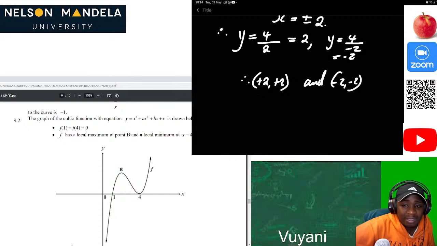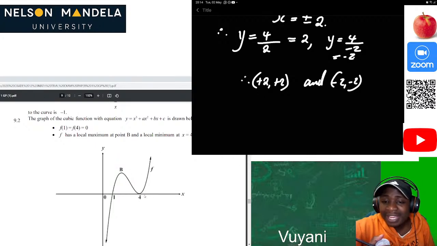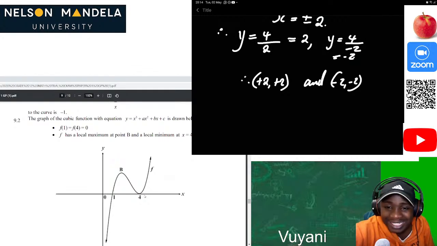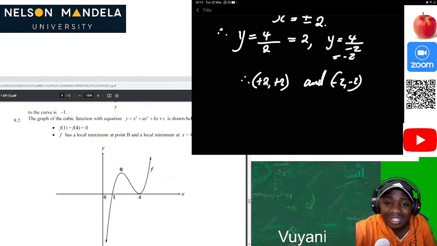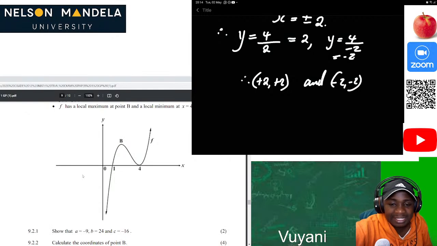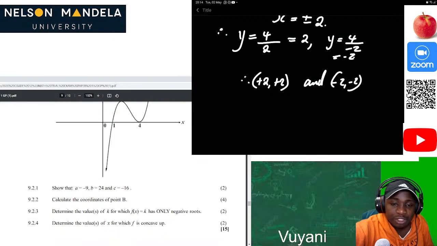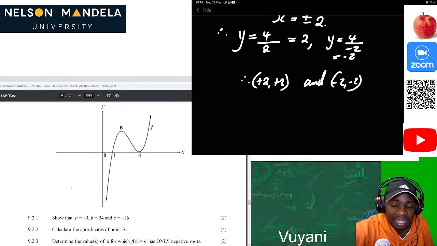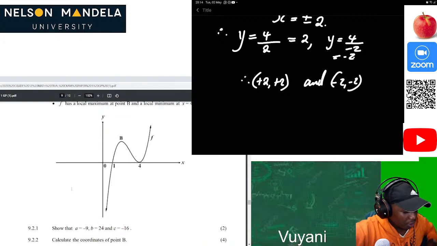F has a local maximum at point B and a local minimum at x equals 4. Those are what we call the stationary points of the graph. So that a is equal to negative 9, b is equal to 24, c is equal to negative 16, for 2 marks.